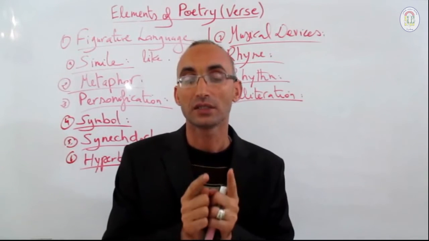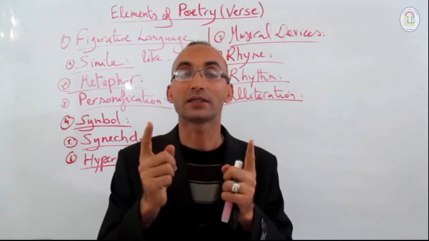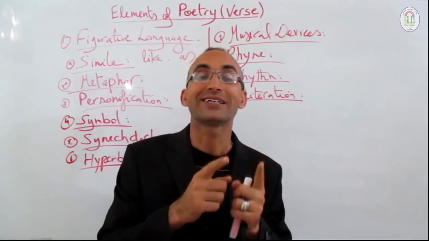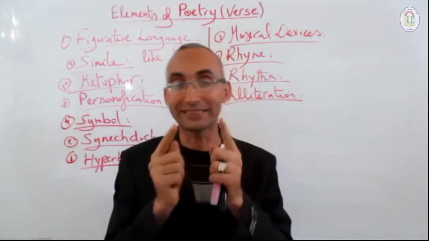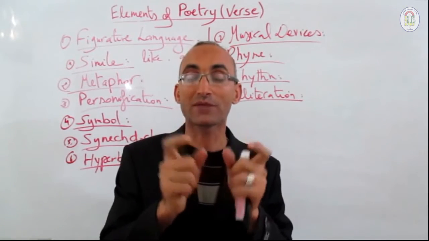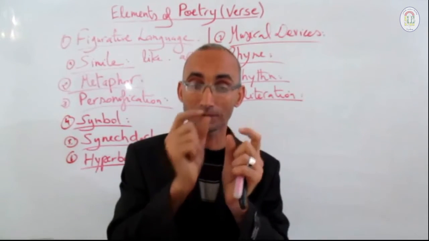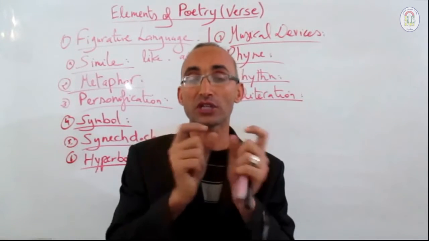For example, we say, what a delicious day. Here, delicious and day start with D. This one is called alliteration because we have two words which start with the same consonants and they are next to each other.